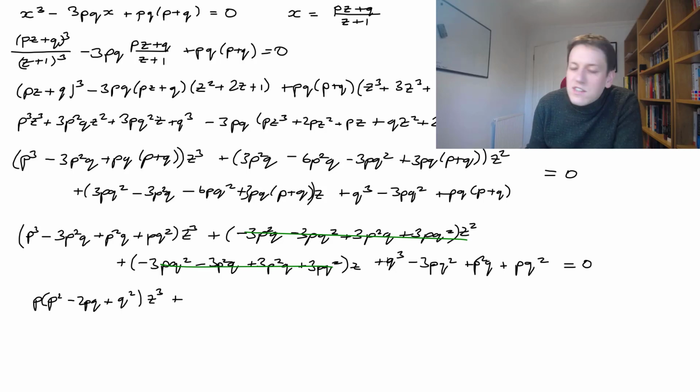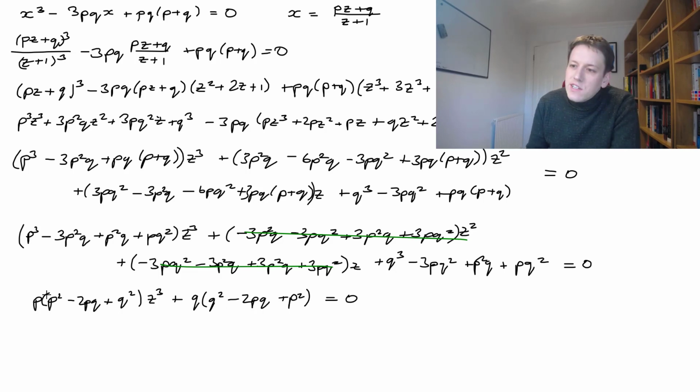If I do the same factorisation over here, I get q times q squared, and again these two terms cancel to give minus 2pq squared, and then factoring out a q, and then plus p squared, so that's equal to 0.